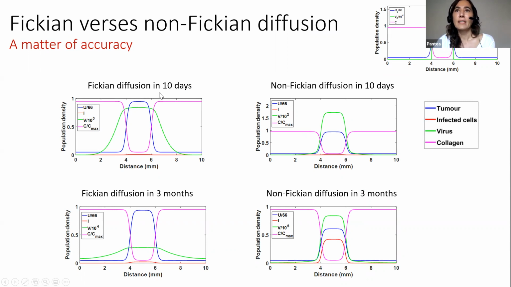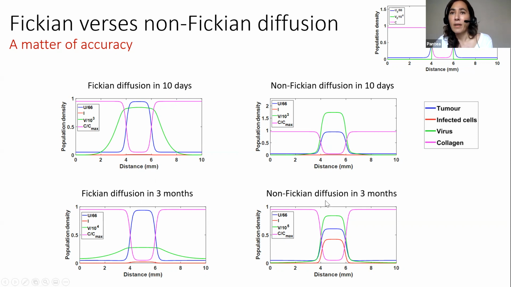Here is the Fickian virus in 10 days and the non-Fickian virus in 10 days. The Fickian virus has actually spread out into regions of high collagen density. The non-Fickian virus has remained within this region. And then in 3 months, the Fickian virus has diffused out even further.